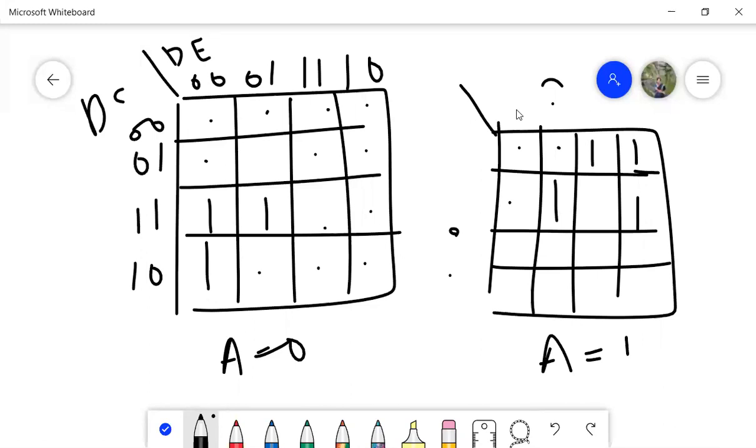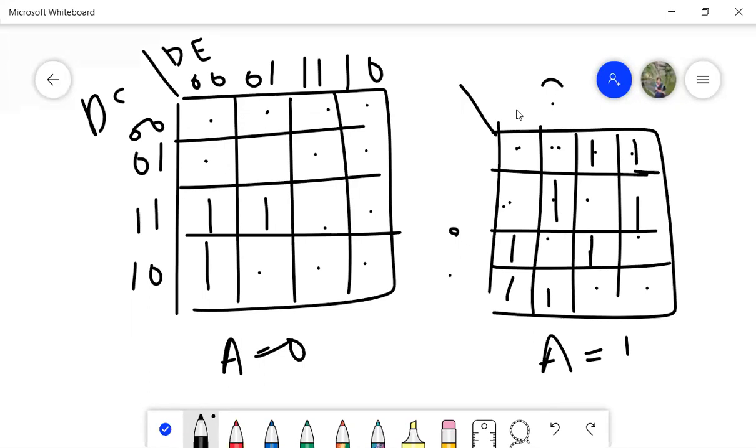Then 24 I have, 25 I have, 26 is not there, 27 is not there, 28, 29, 30, 31, 31 I have.